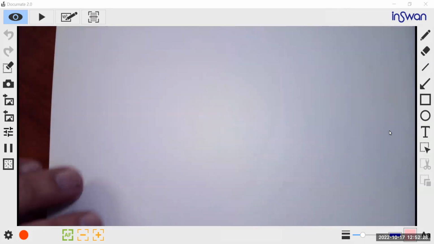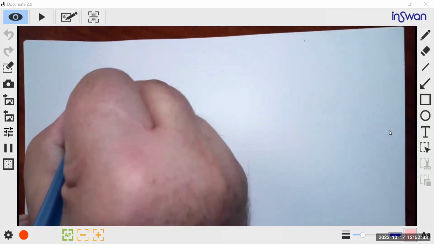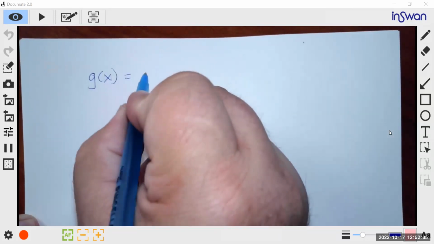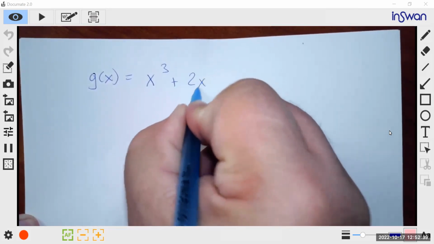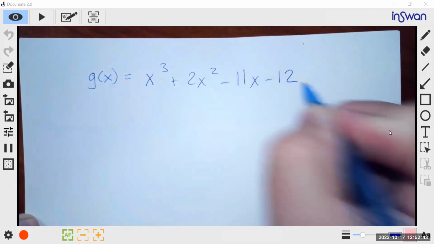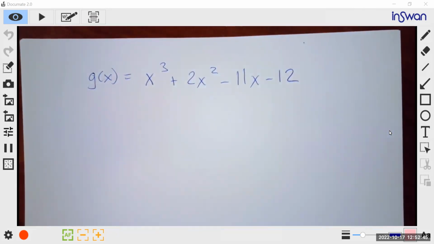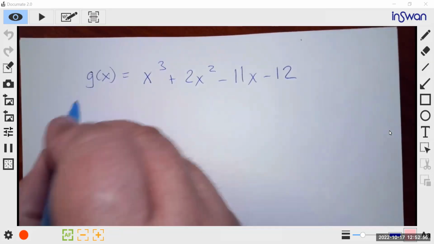All right, let's look at another example. For this part of this chapter, I will give you the factors. There's a polynomial. What can you tell me about this graph? The degree is 3, so what does that tell us?